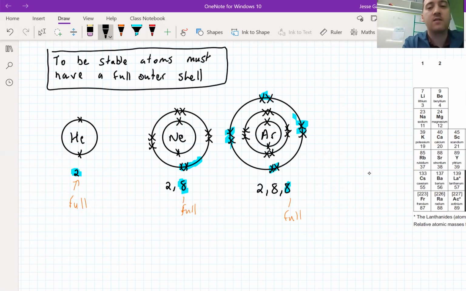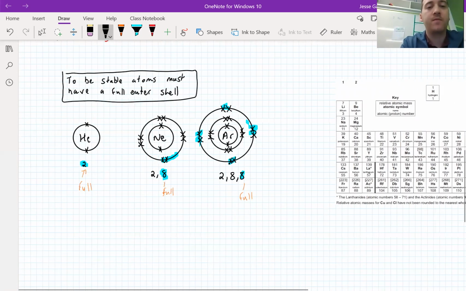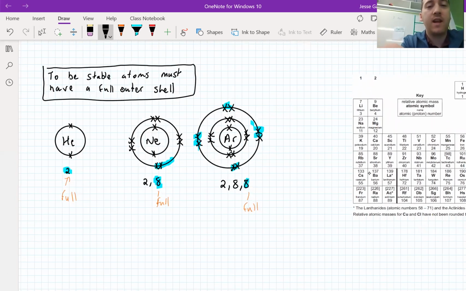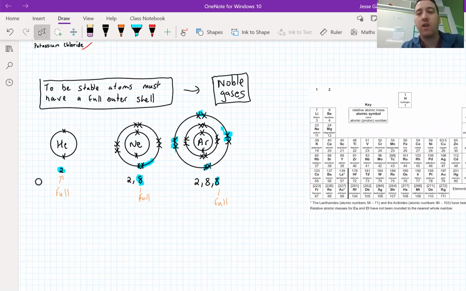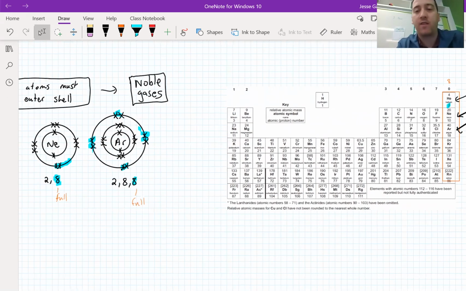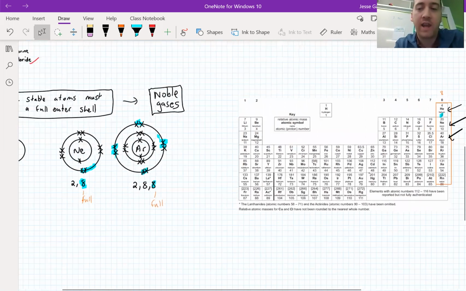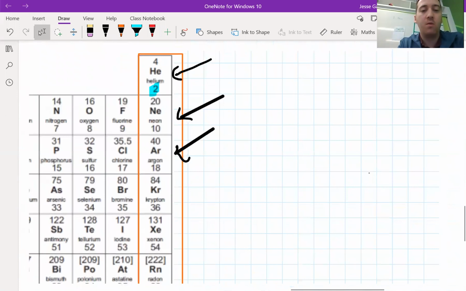These gases, all of which are in group 8, have the nickname the noble gases. Noble just means they don't react. Noble people back in the day were known to be very calm. They didn't get angry at things. They were kind of upper class and just unreactive. That's where the word came from. So this group, group 8, are the noble gases.